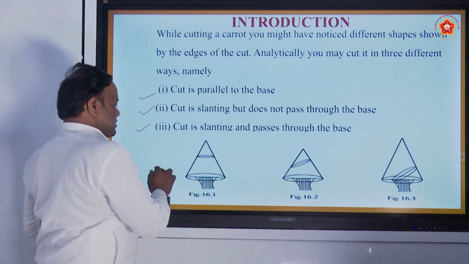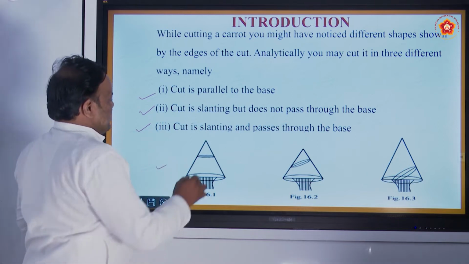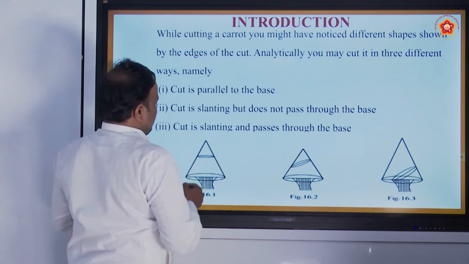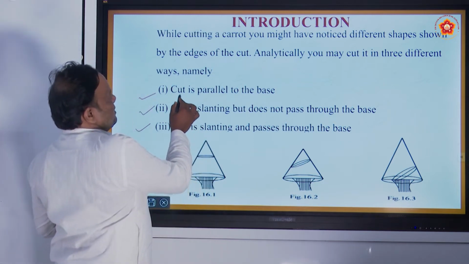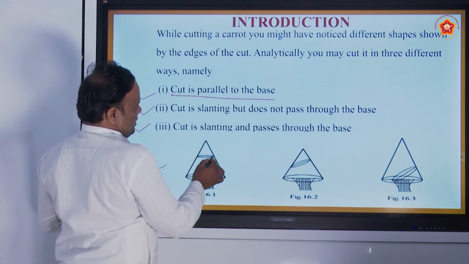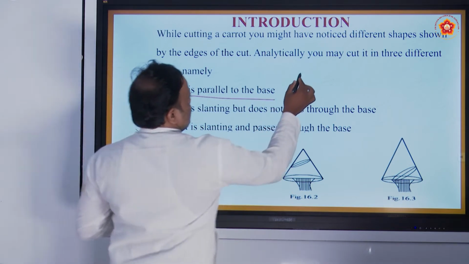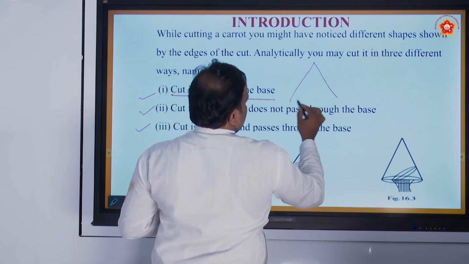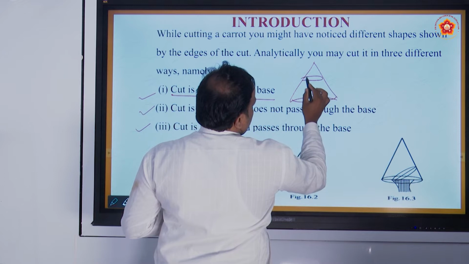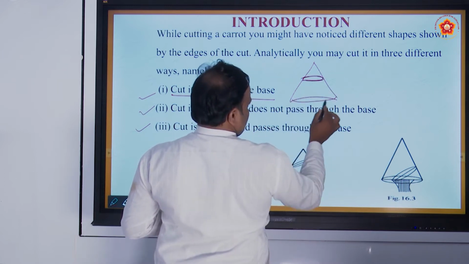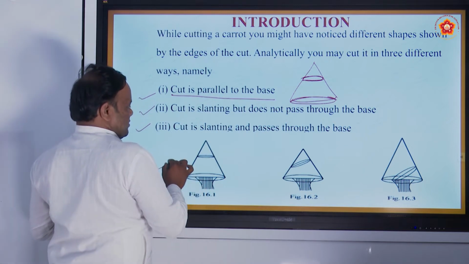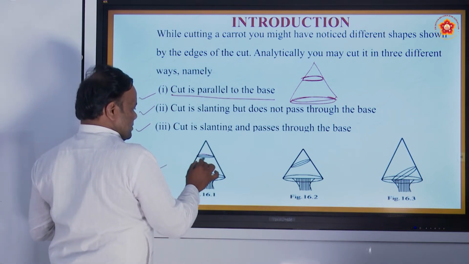Observe the first figure. This is the cone, correct? This is the carrot. So the first case is cut parallel to the base. The carrot you have to cut parallel to the base like this.